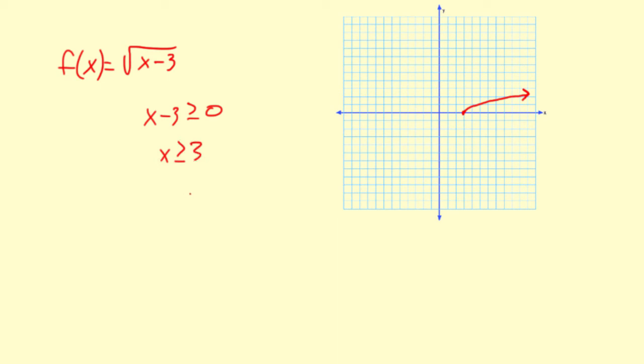Okay, so then what you can do with this, you know that x has to be greater than or equal to 3 for the function to be defined. And by the way, that's why it kind of dead ends here at 3 and only goes to the right. So for set builder, x is an element of the real number set such that x is greater than or equal to 3.